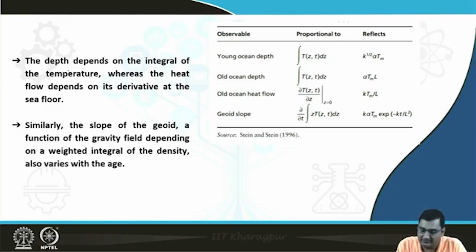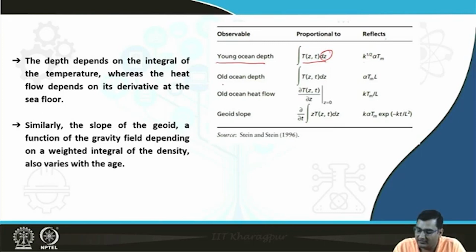The depth depends upon the integral of the temperature, whereas the heat flow depends on its derivative at the sea floor. You can see the young ocean depth is proportional to the integral of temperature over depth, and that reflects k under root alpha Tm, where alpha is the coefficient of thermal expansion.